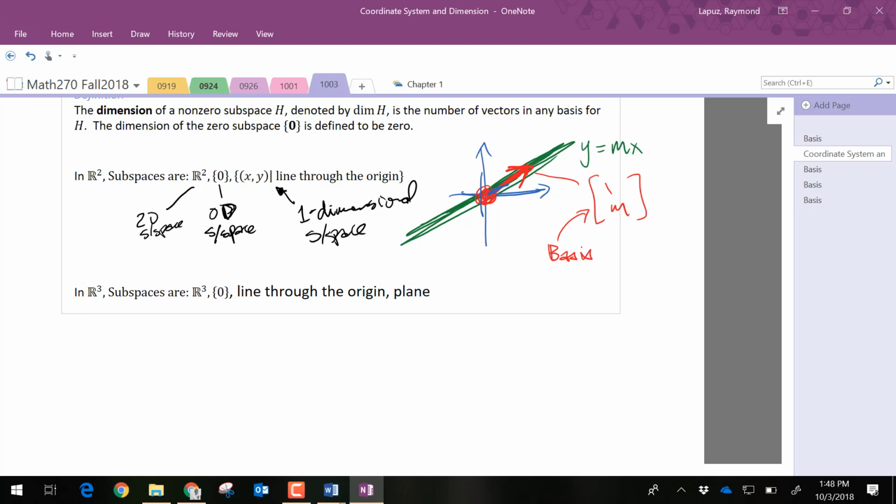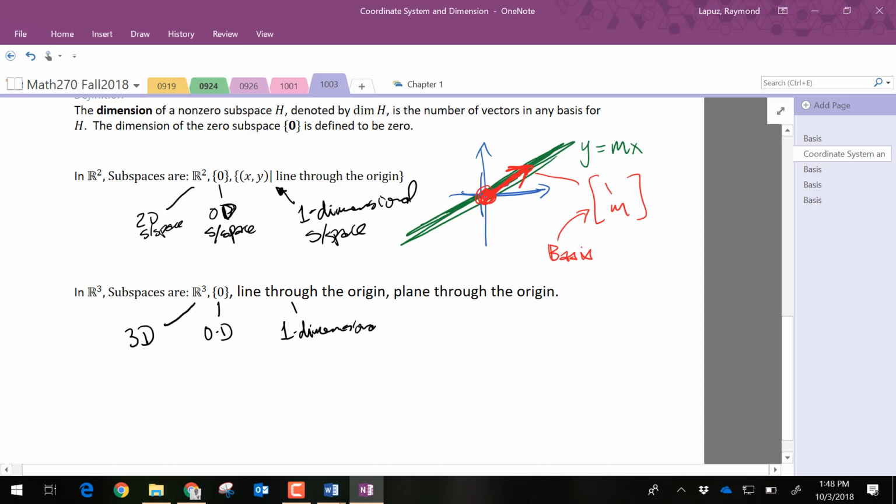Plane. So you can either have a 3D or a zero-dimensional subspace in our first two basic examples. A line going through the origin is a one-dimensional subspace. It'll be spanned by one vector.